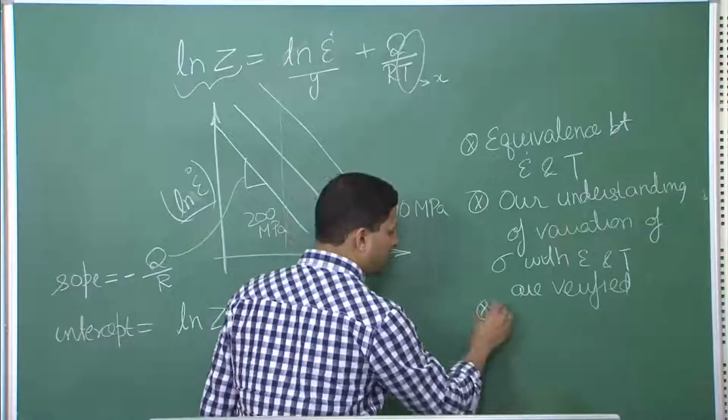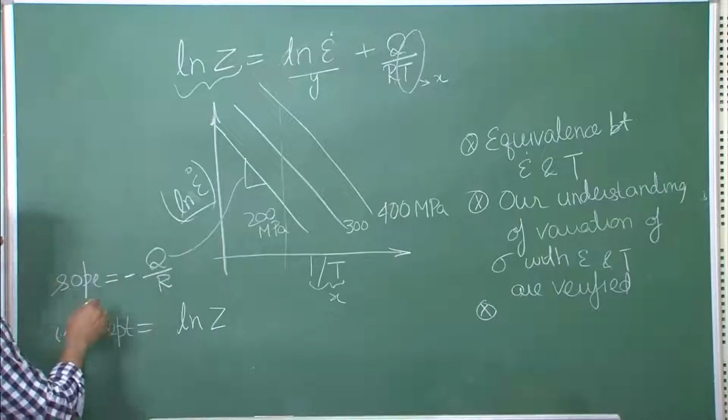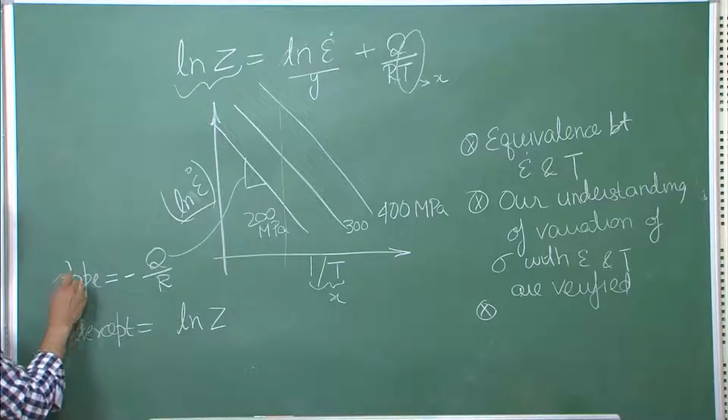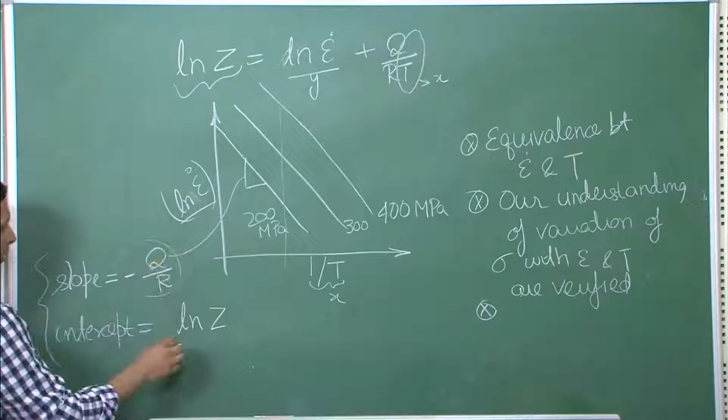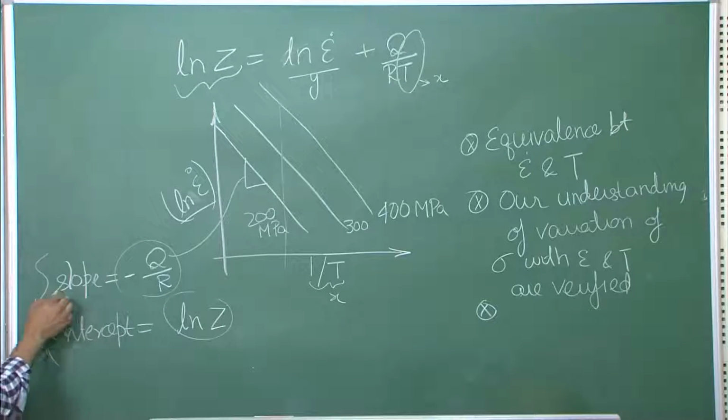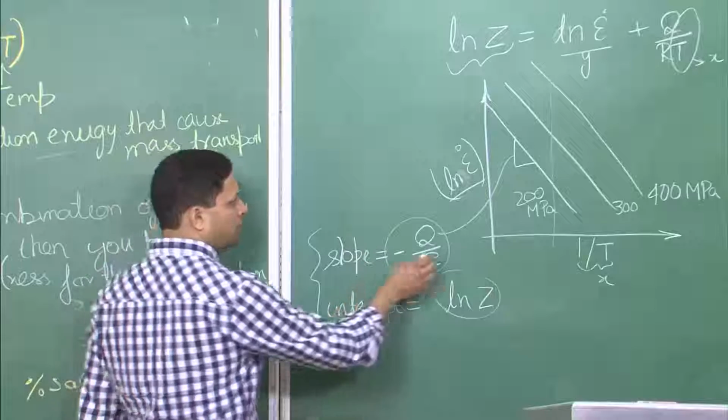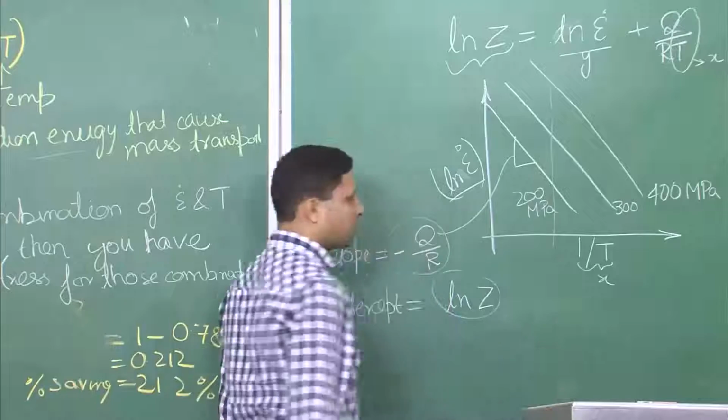And another important aspect is that we are able to get the values of Q by R and ln Z from this slope and intercept. So, let us say you are able to get this plot experimentally.